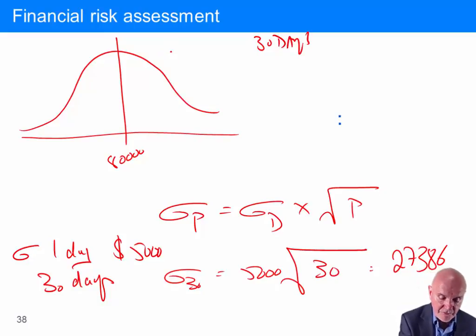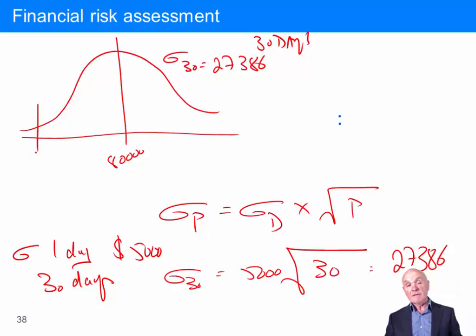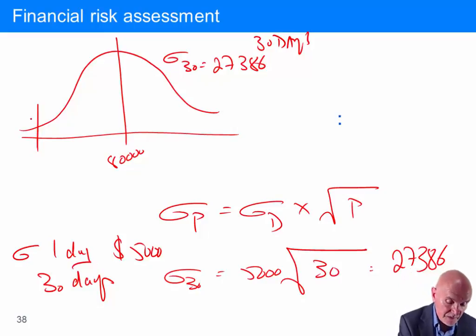And we know the sigma for 30 days is 27,386. And let's go back and do it to the 5% chance. So it's going to be 0.45 or 45%, 0.5 or half, or 0.05 in there.